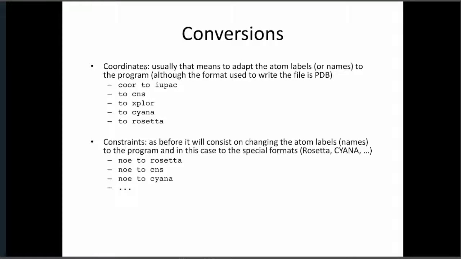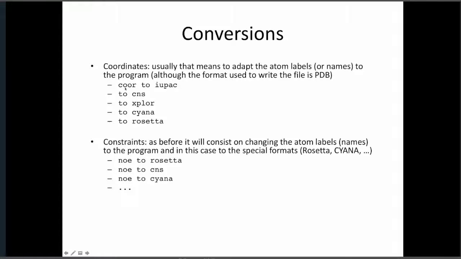The other important part, as I was telling you, is the conversion, the translation between the different formats. For coordinates, that usually means just adapting the atom labels or names, because every program lately uses the PDB format to write the X, Y, and Z coordinates. The only thing they modify is the atom labels, because everyone uses different atom labels.